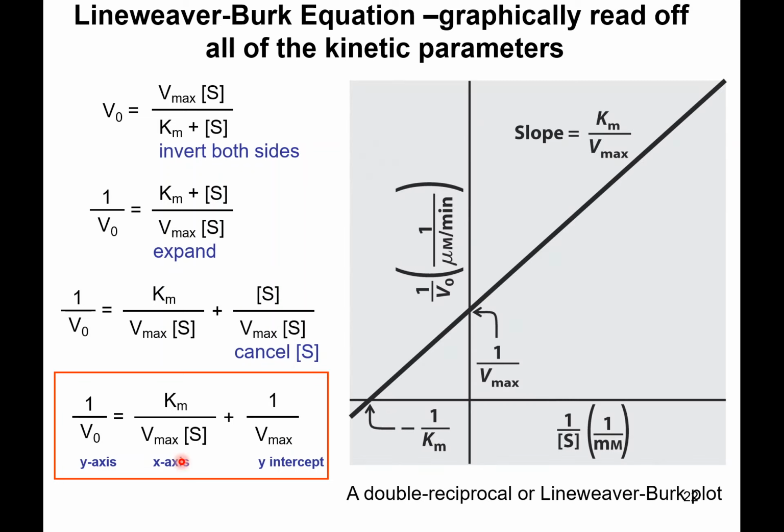So in this case, when we plot 1 over V naught as our y-axis, and 1 over S as our x-axis, our slope becomes Km divided by Vmax, and the intercept again is 1 over Vmax. Okay, so the y-intercept is 1 over Vmax, slope is Km over Vmax, and the x-intercept is negative 1 over Km. So you can read off just on one of these plots, you can determine the Km and the Vmax.